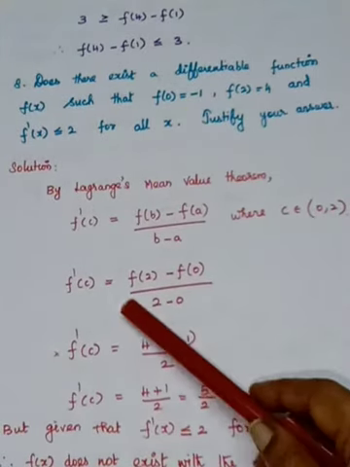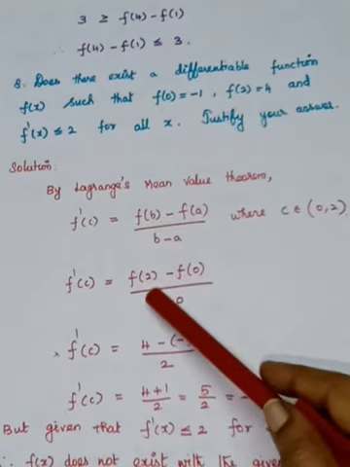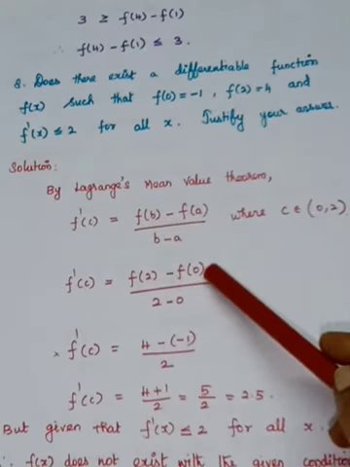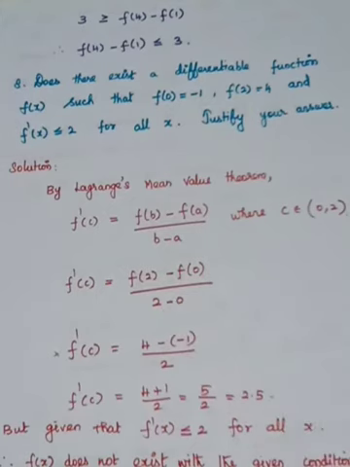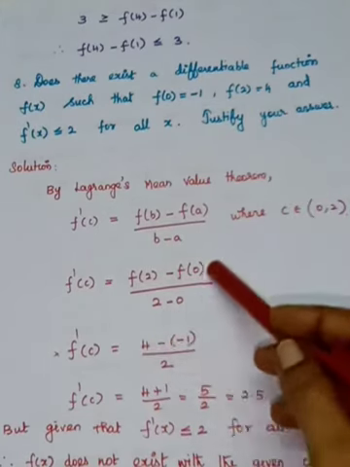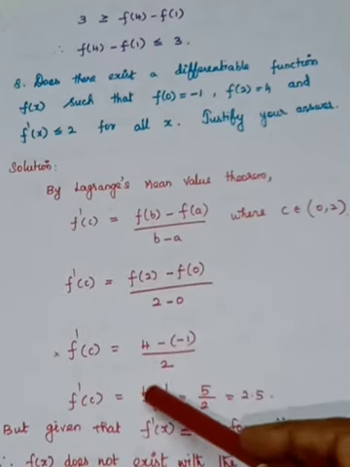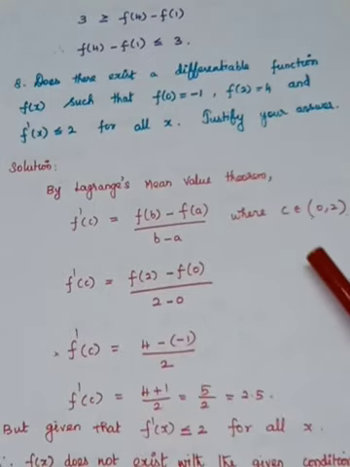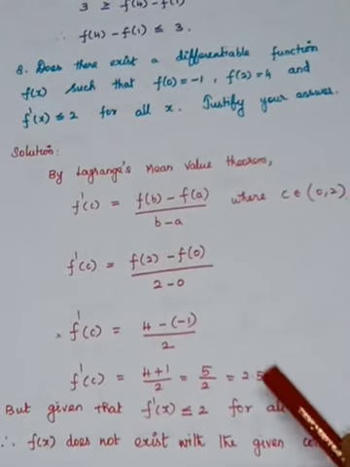f dash of c is equal to, in the place of b, f of 2 minus, in the place of a, 0 is substituted, so f of 0, divided by 2 minus 0. What is given? f of 2 is 4 minus f of 0, which is minus 1. So 4 plus 1 by 2. What is it? It is 5 by 2, that is equal to 2.5.